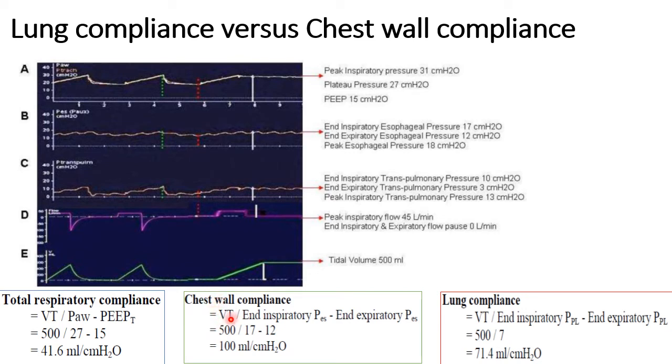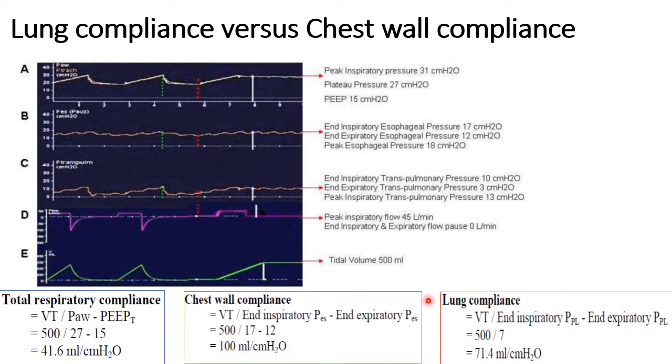It's the tidal volume over the end inspiratory esophageal pressure, which is here the white line, 17, minus the end expiratory esophageal pressure, which is here the red dots, which is 12. So 500 over 5 comes to 100 milliliter per centimeter water.